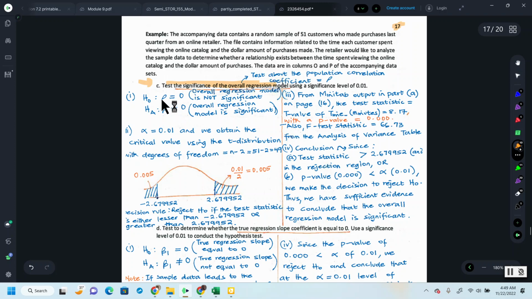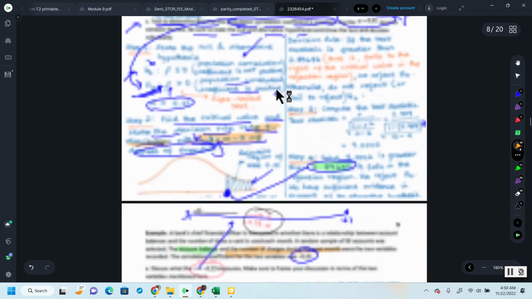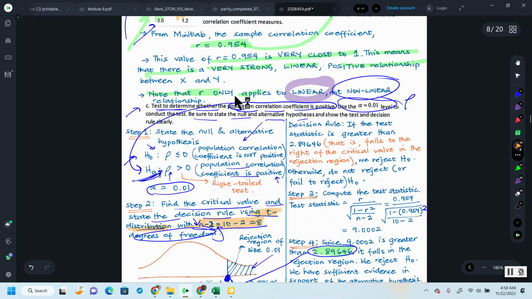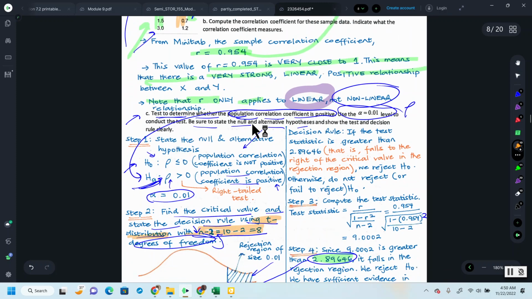So this is equal to 0 versus not equal to 0. You might observe that we have seen this before, this type of setup for significance of the overall regression model, and that was something we did much earlier in this module on page 8 here. And I showed you how to test hypotheses on the population correlation coefficient.